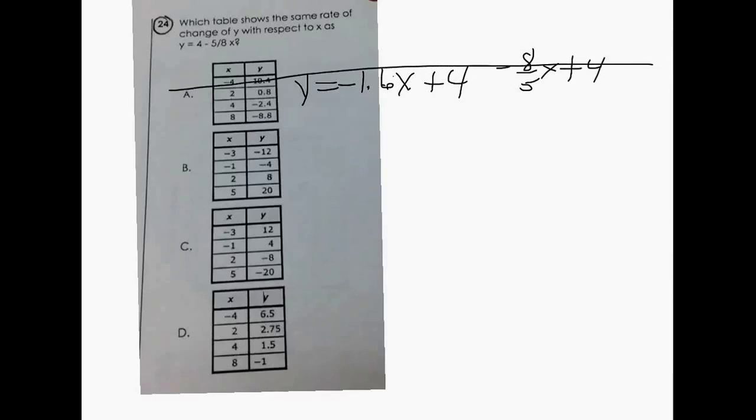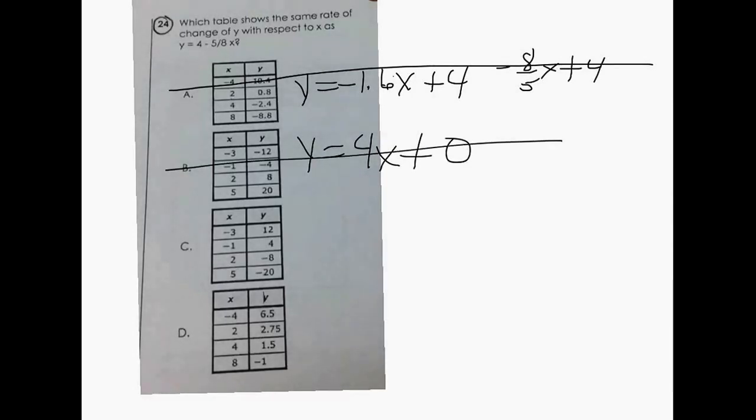Try the next one, stat 1. Negative 3, negative 1, 2, 5, negative 12, negative 4, 8, 20, stat calc 4. This time I get y equals 4x plus 0, which is definitely not right.